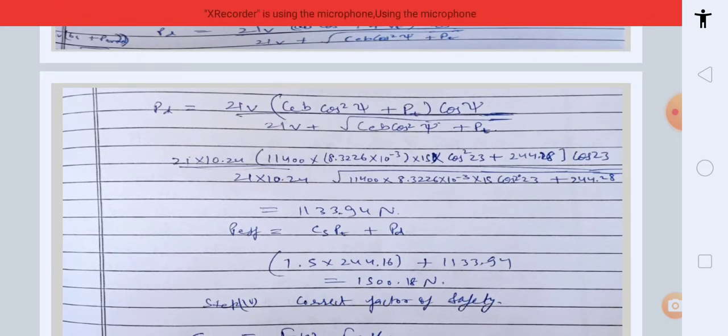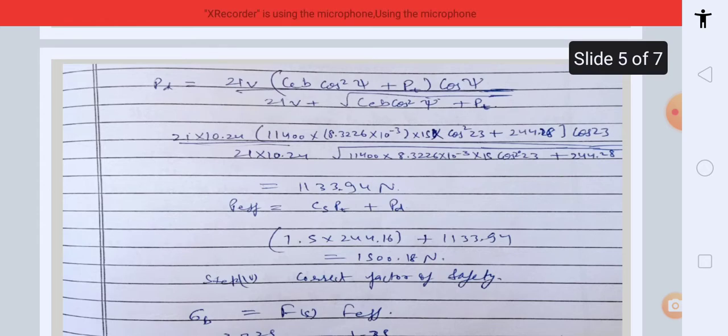Putting all the values for pitch line velocity, deformation constant, error, face width, helix angle and tangential force, we will get 1133.94 Newton for the dynamic force.